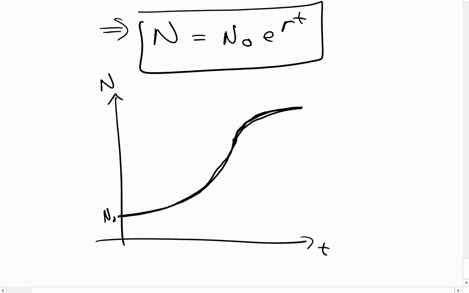There's only a finite amount of space, and only a finite amount of food and water in the world that a population can live on. So if a population gets really, really large, it's going to be competing for resources, for food and for water. So what you would expect is that once a population gets sufficiently large, it will start to level off. It's reached saturation point. It cannot take any more people into that population, and so the population must level off.